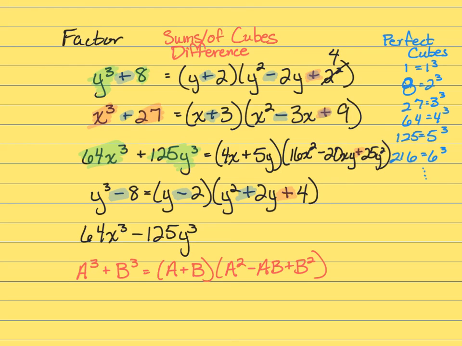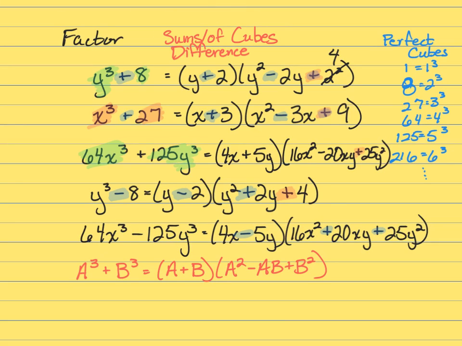All right, let's do this last example here. Again, we know it's being cubed. It's a 4x being cubed minus a 5y that's being cubed. So there's our binomial. Then you get a 4x squared, so 16x squared, and it's going to be plus. Now multiply the 4x and the 5y to get a 20xy, and then a plus 5y squared. And again, pay attention to those signs: it's negative, positive, positive, just like before.